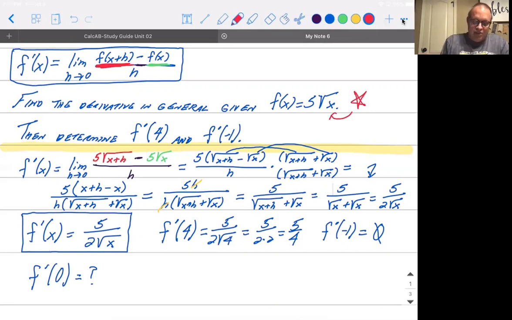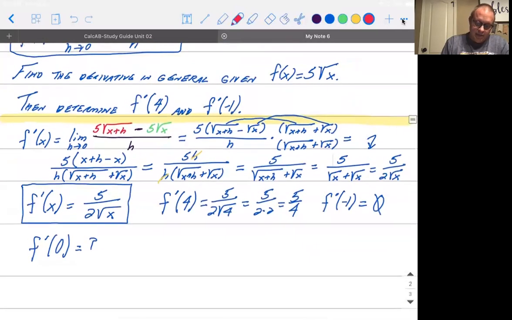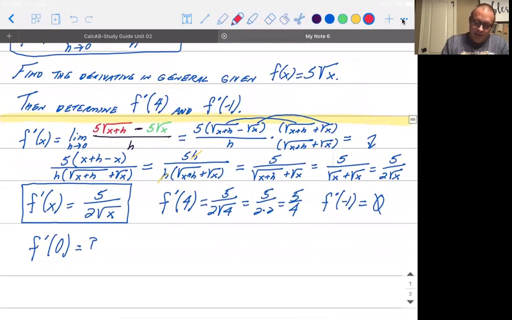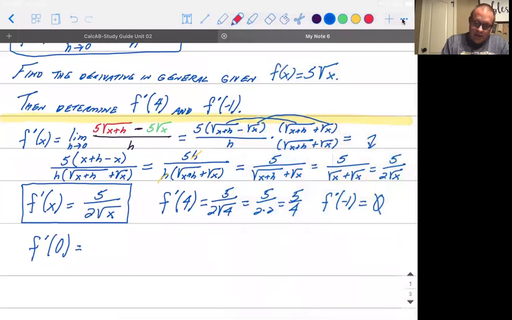But look, if you try to put 0 into this derivative, it's going to be undefined. So the derivative at 0 is undefined. Now, the question is why? Why is that happening?